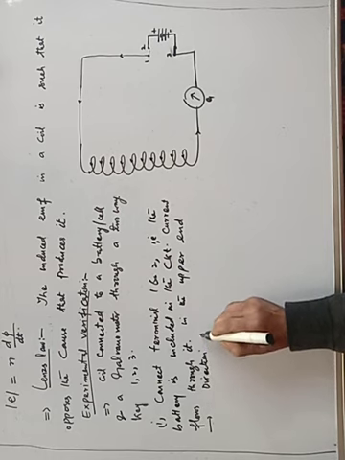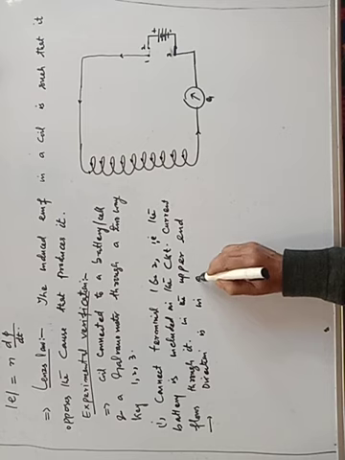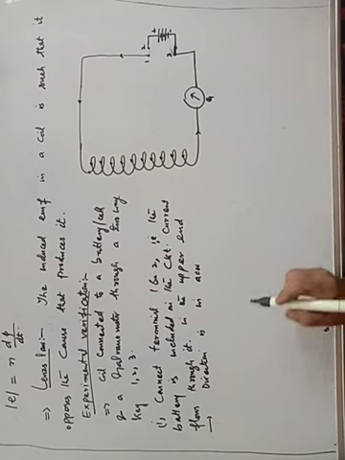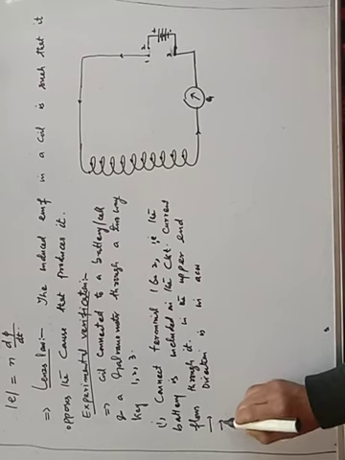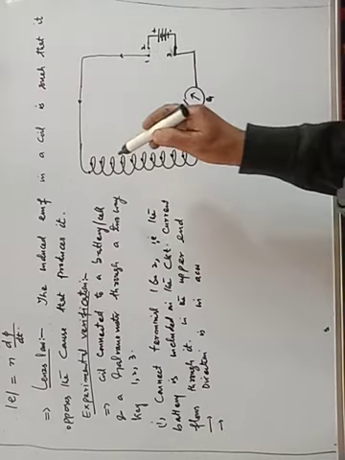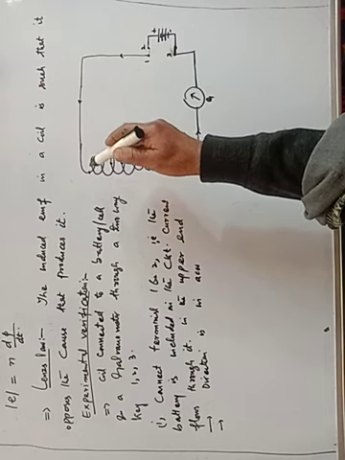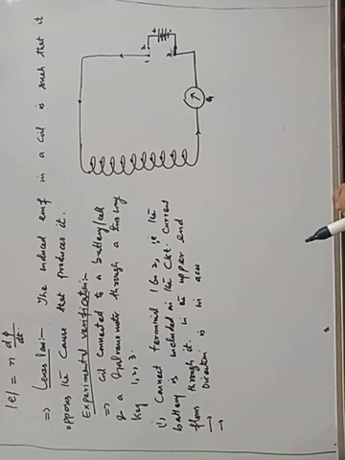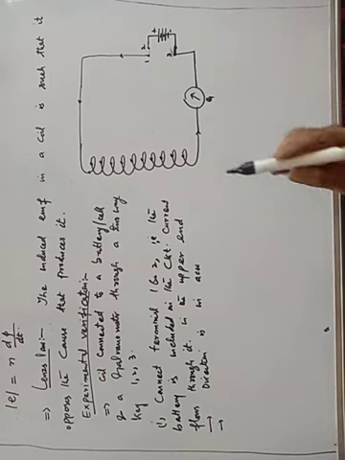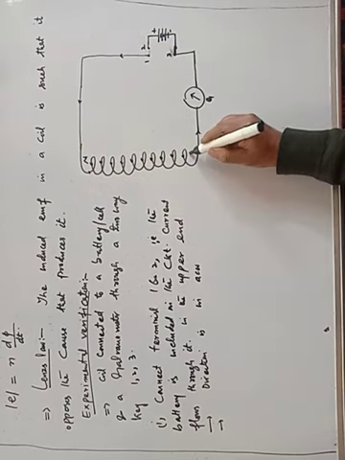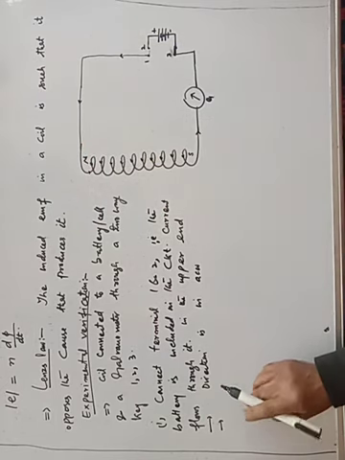Direction is in ACW, anti-clockwise. So according to the clock rule, when in a face the direction of current is anti-clockwise, will that become north or south? North, exactly. So this end will become north and this will become south.